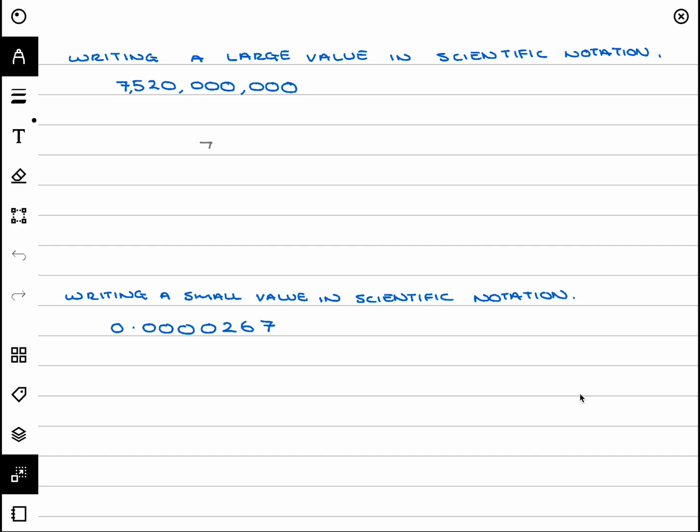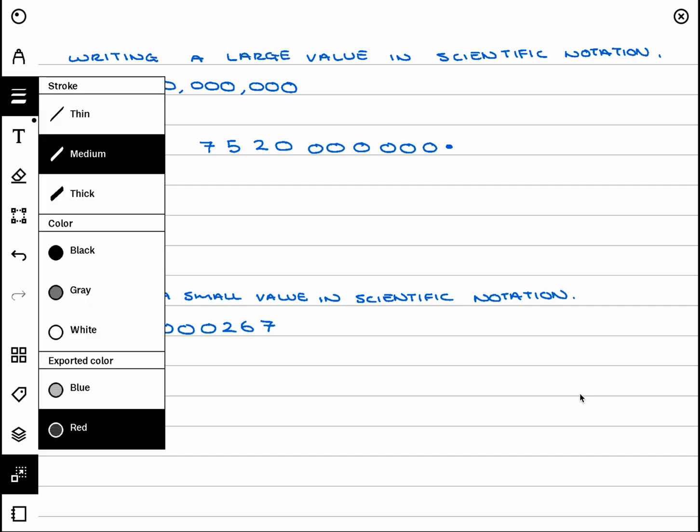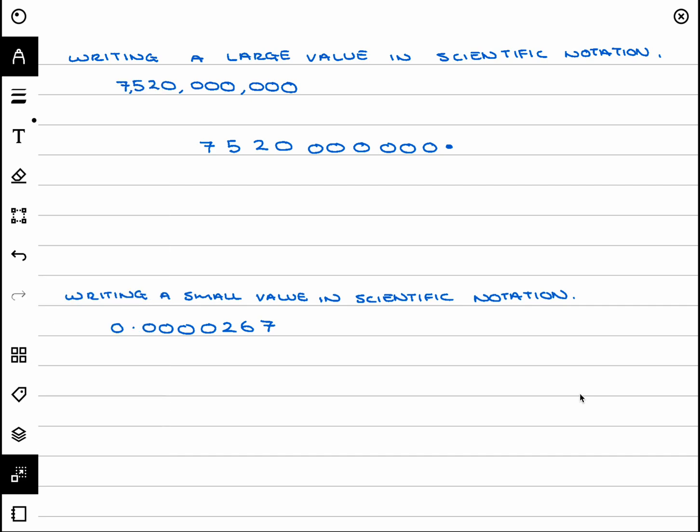So what I've got here is 7520, okay, with a lot of zeros following. And if I was going to place a decimal point here, that decimal point would go there. And what I'm going to count is how many times I need to move that decimal point, just before the first digit.